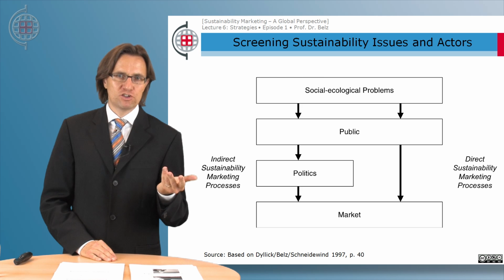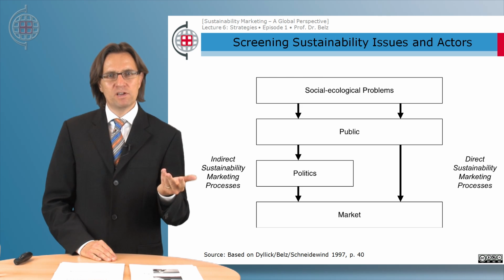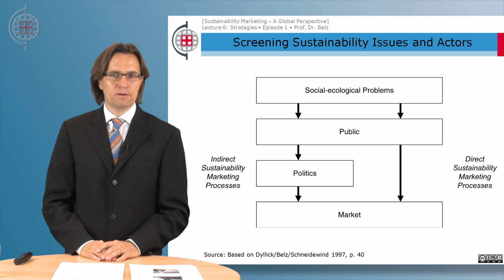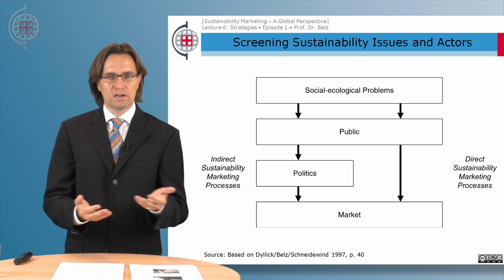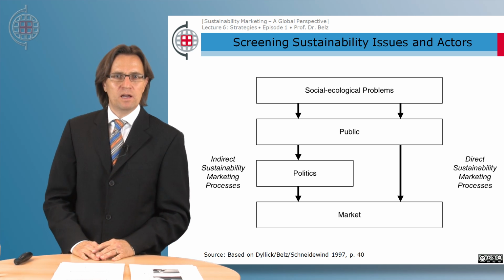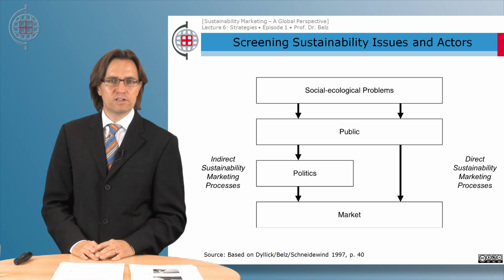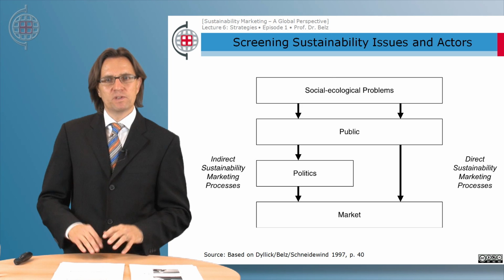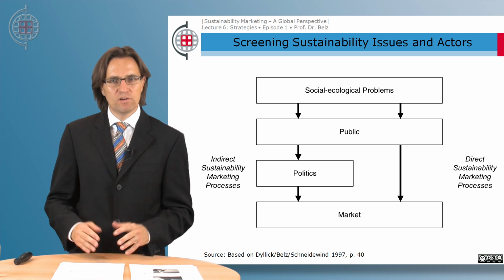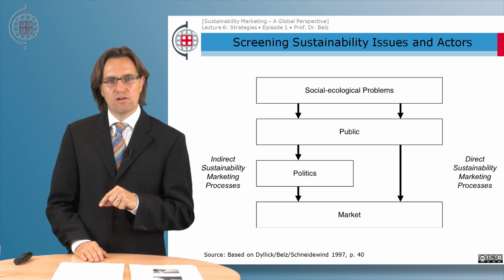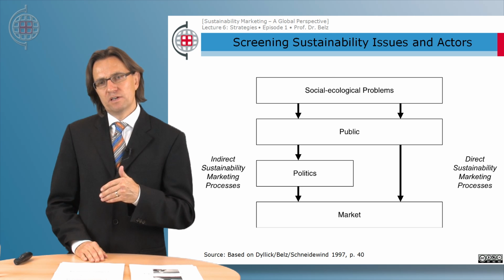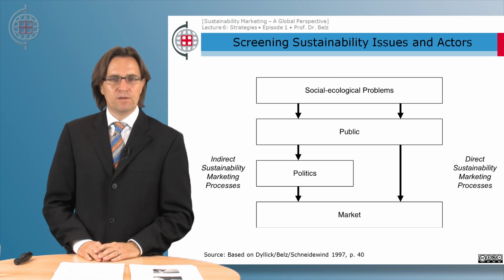As described before in the issue attention cycle, the social and ecological issues are taken up by the scientists, they are covered in the media and discussed in the public and by politicians, until politicians come up with a treaty or some kind of regulation to put a price tag on it and make it an issue of the market, or to have an incentive to develop new sustainable products and services.